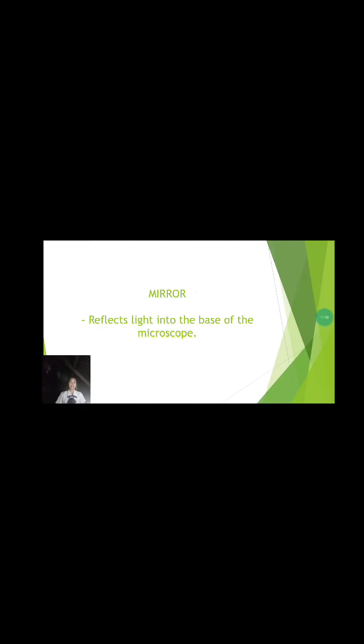Next one is the mirror. Unsa man ni siya? This reflects light into the base of the microscope.